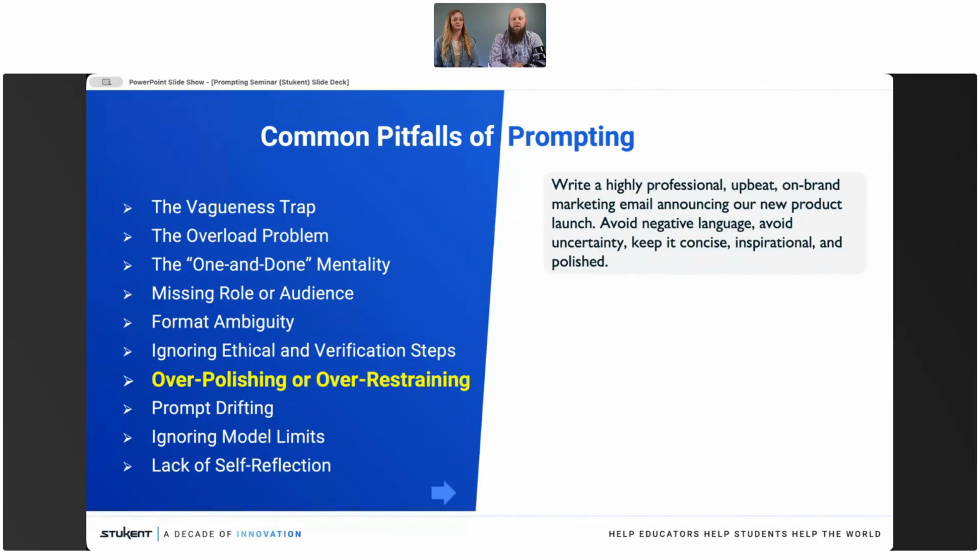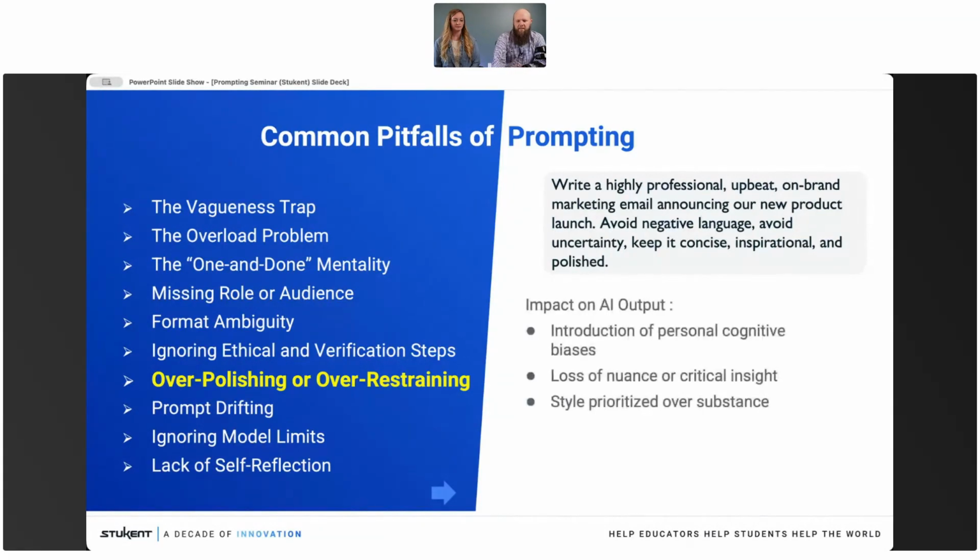It's going to give you a pattern dominance, much like the prompt that we did at the very beginning, where the initial reaction was, hey, it's a watercraft. And once I saw that, we kind of built on top of that. Again, this is going to lead to personal cognitive biases, loss of nuance, and style prioritization.